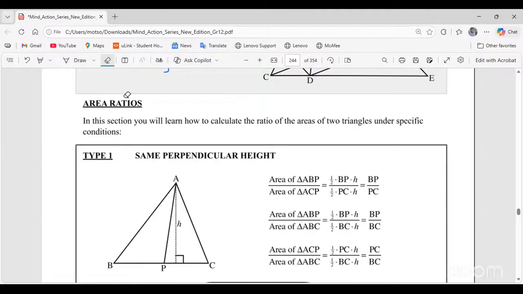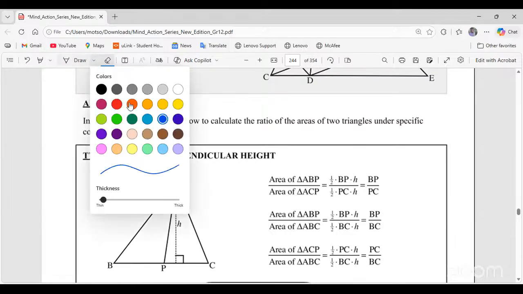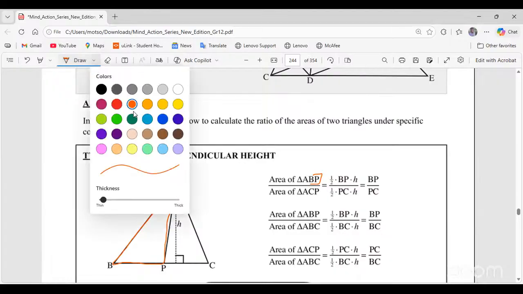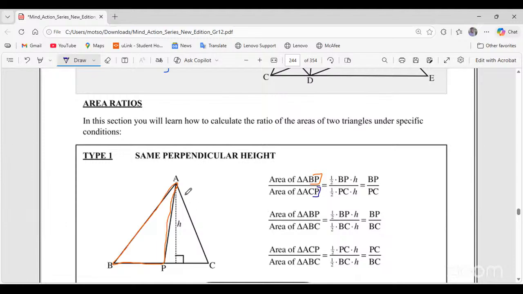Let's say now for this numerator, we will have an orange triangle, it's ABP. Here it is. Then we go for another triangle, this one ACP. I will draw it in blue color.